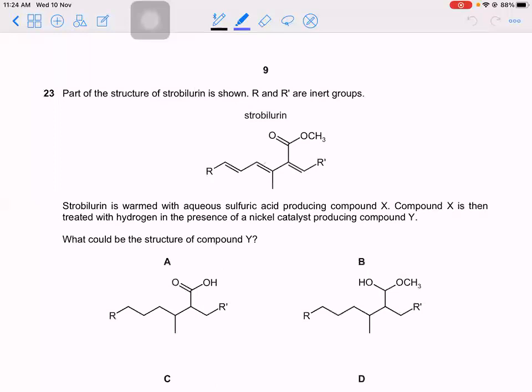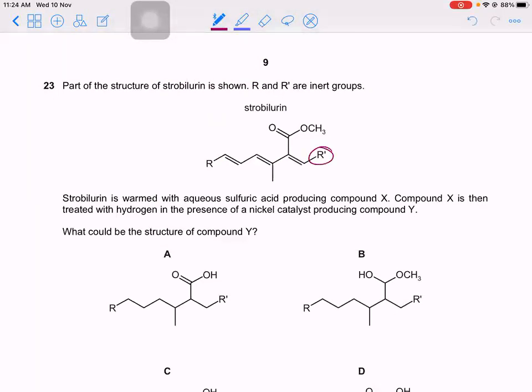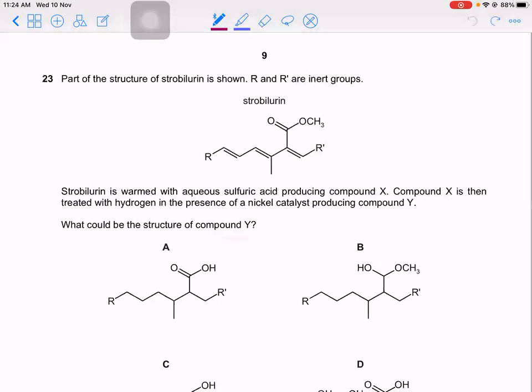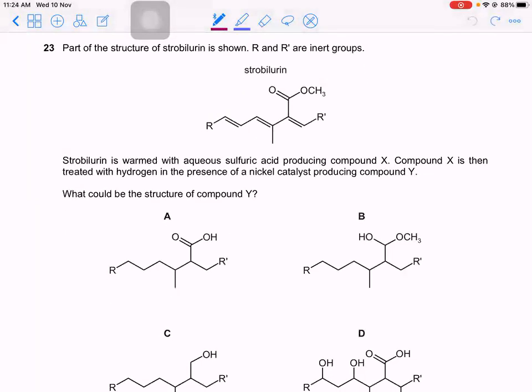Question 23. Okay, so we have strobilurin. All right, so these are inert groups attached. This is warmed with aqueous sulfuric acid to produce compound X. So now what do we have in here? You see you have an ester linkage.